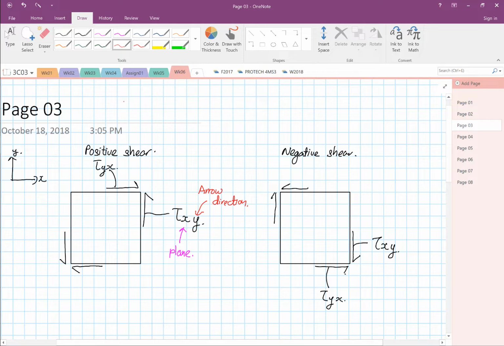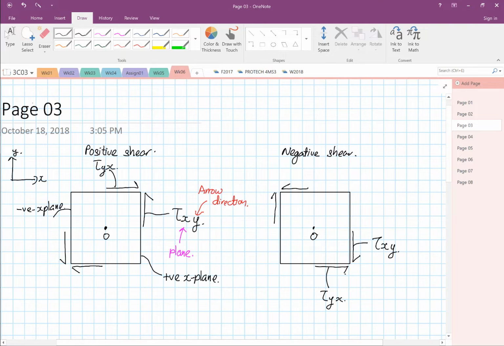So for this case, if I'm going to call them planes, this surface will be my positive x plane, if the center over here is my 0. Likewise, the center over here is my 0, and then on the other side is your negative x plane.